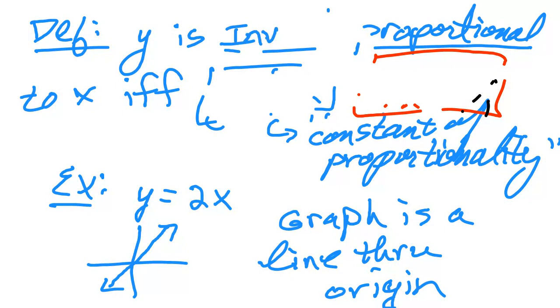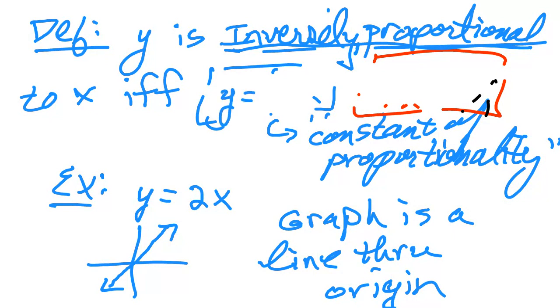Y is inversely proportional to x if and only if y equals k divided by x. So inverse, think of what's the inverse of 2? Well, there's a couple different inverses of 2. A lot of people think, well, -2 is the inverse. That's the additive inverse. But the multiplicative inverse of 2 is 1/2. The multiplicative inverse of 2/3 is 3/2.